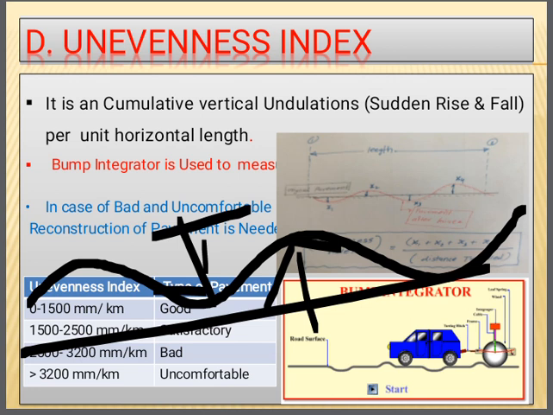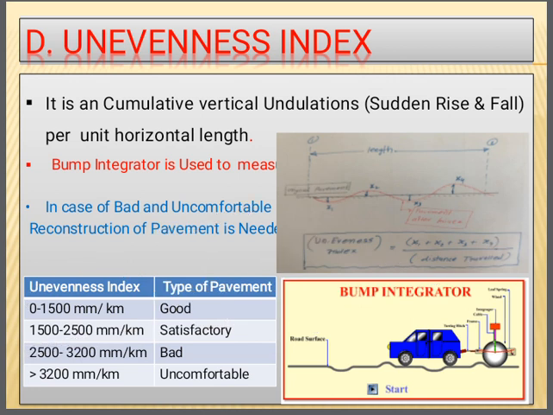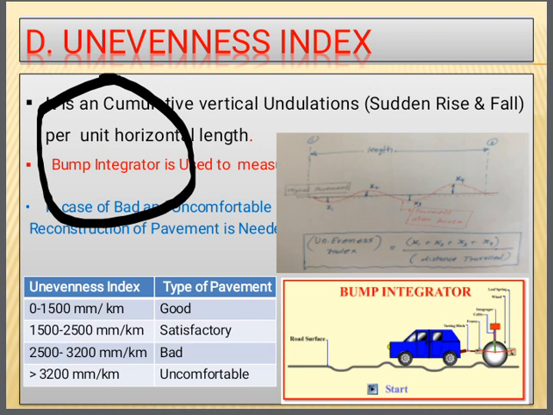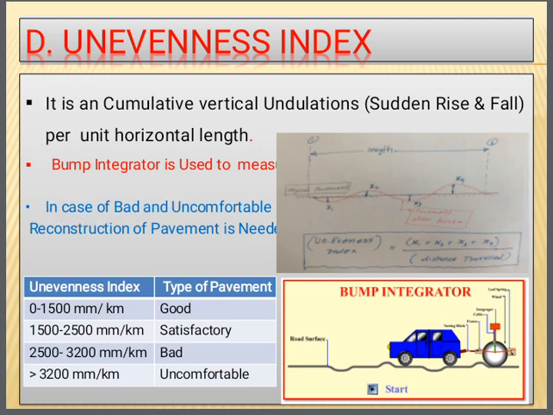To measure such unevenness, there is one device or equipment. The name of the equipment is the bump integrator. This is the bump integrator, which is utilized to measure the unevenness index. How much rise, how much depression is formed over the road surface, that equipment calculates or measures.